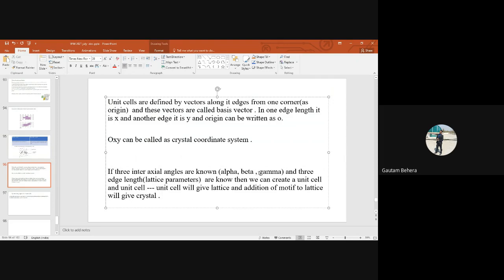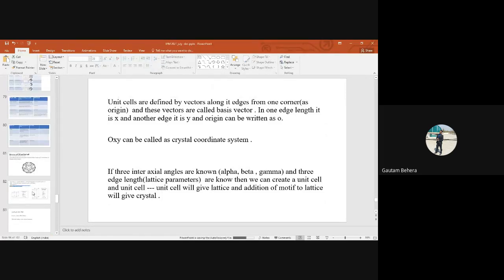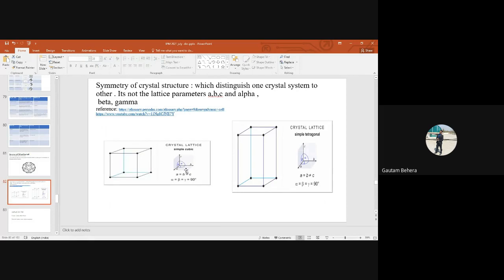This is one kind of lattice parameter, yes or no? I've shown you here in the previous lecture, if you remember. Alpha, beta, and gamma. These are nothing but the lattice parameters I told you about in the previous class, right?